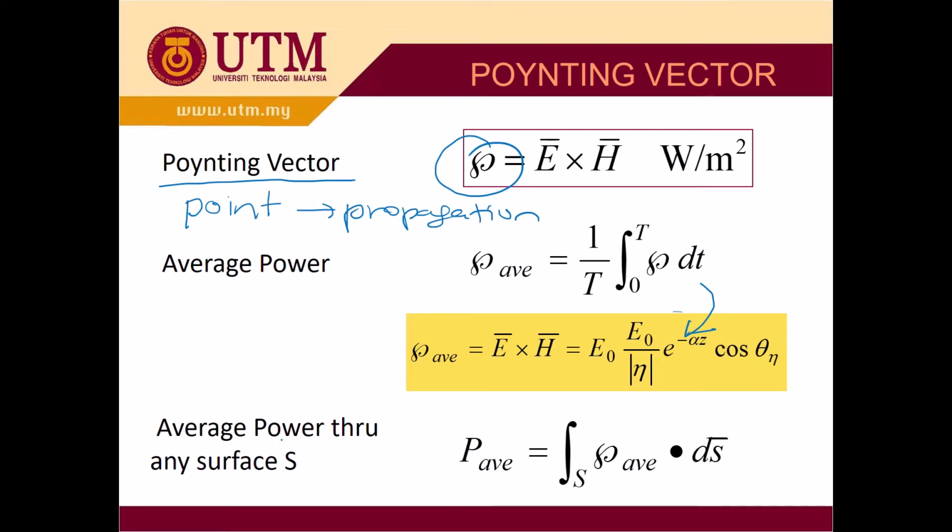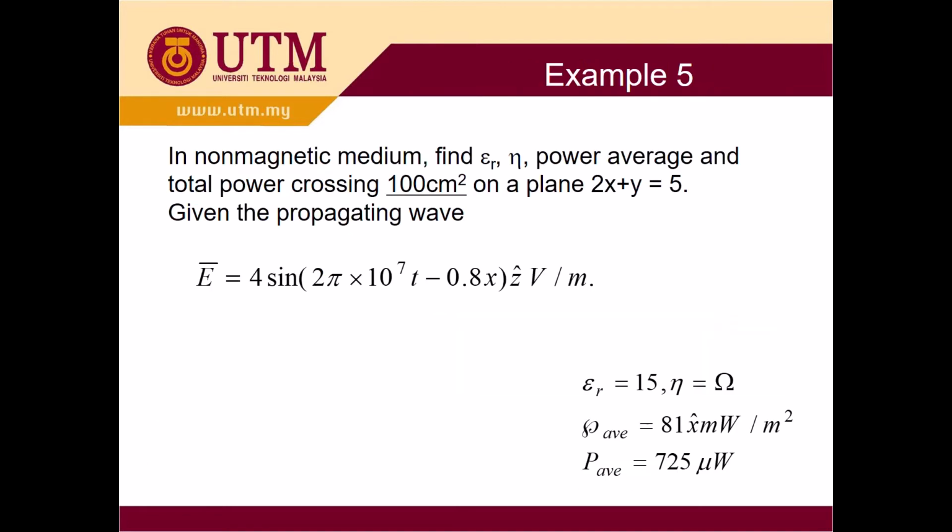The average power through any surface can also be solved by using P average and integrating over the surface. So please look into detail how to derive this, and you have to know how to do the integration of sine or cosine, depending on the questions.